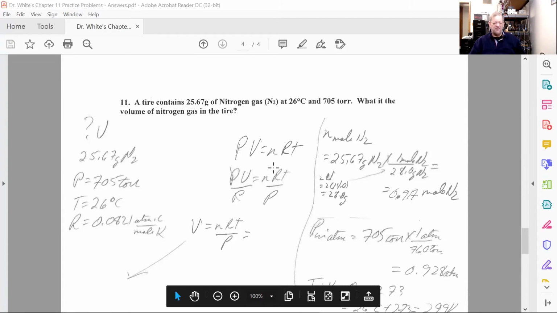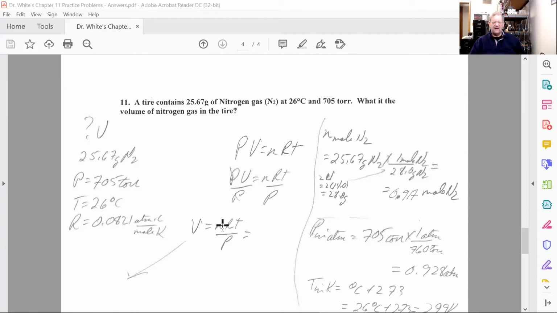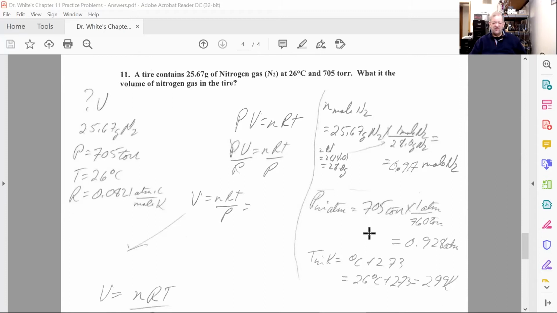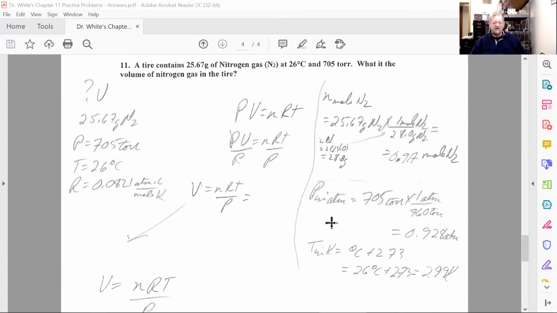Now, remember, n has to be in moles, and you go from grams to moles using unit analysis. Remember, 1 mole equals the molecular weight of that compound, and for nitrogen, 2 times 14, 28.0. P is in atmospheres, and we just did this, and you know how to go from torr to atmospheres.